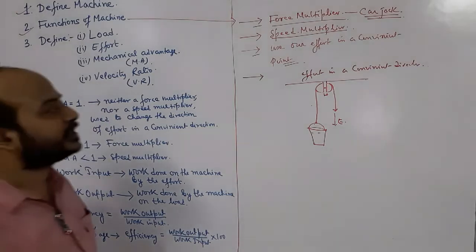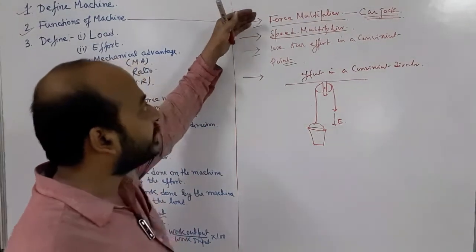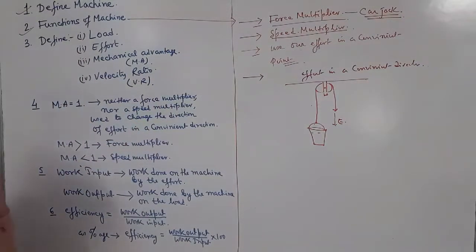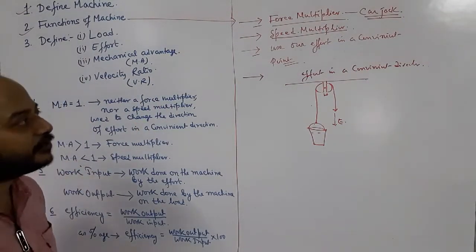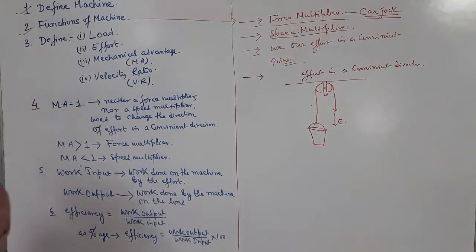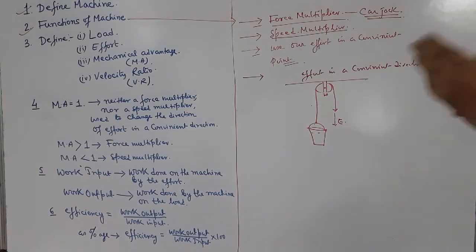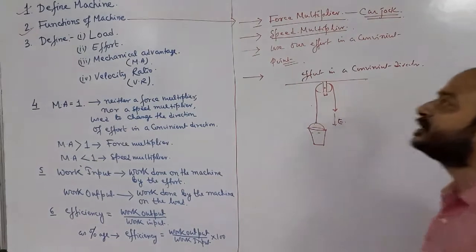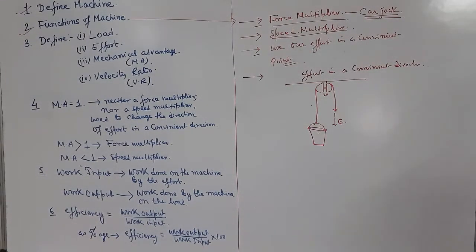So finally we can see that a machine can act as a force multiplier, it can act as a speed multiplier, it can be used to apply our effort at a convenient point, and it can also be used to apply our effort in a convenient direction. Understand? So that is what I told you, that is also the definition of a machine: a device by which we can overcome a large resistive force by applying a small force.